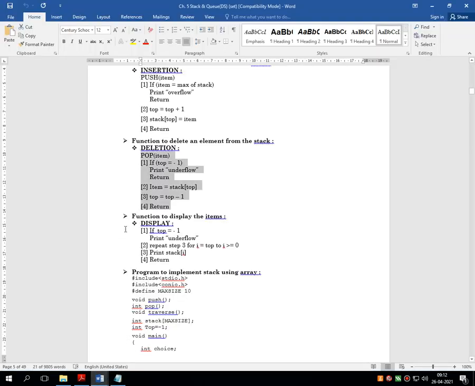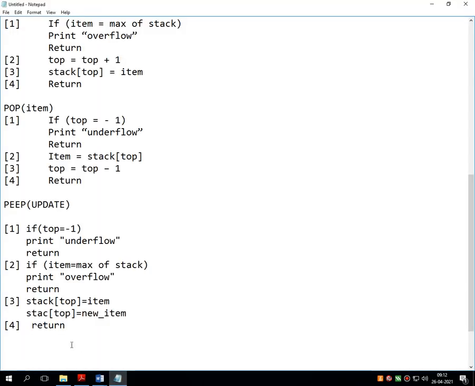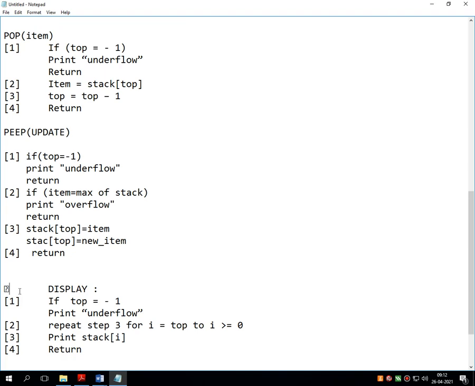Parallel to this, there should be the operation of displaying all these procedures. So the next algorithm is to display the data, where it also checks for the condition of overflow and underflow. Then it repeats step number 4 in a loop, from the last to the first point, as stack works in last in first out.